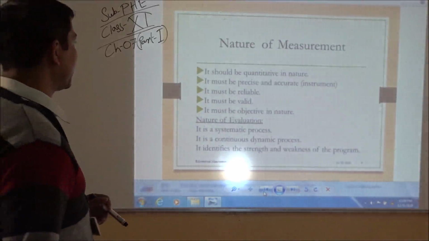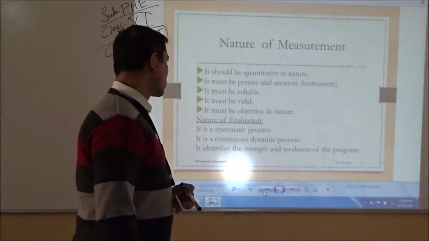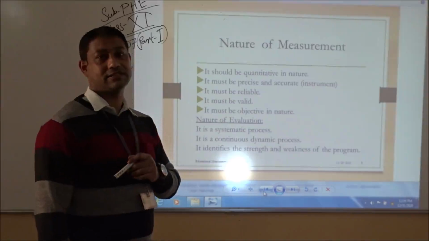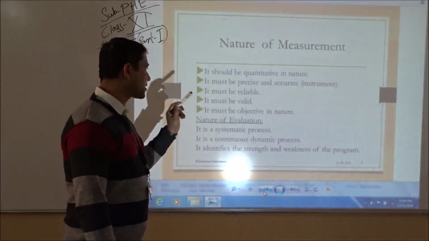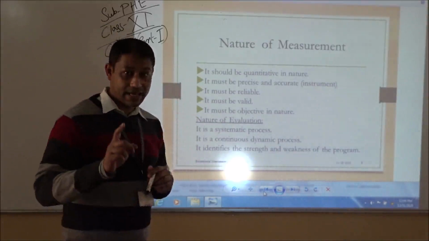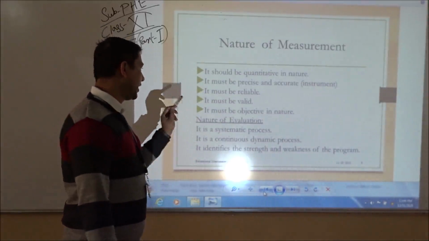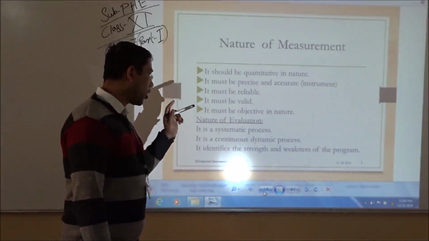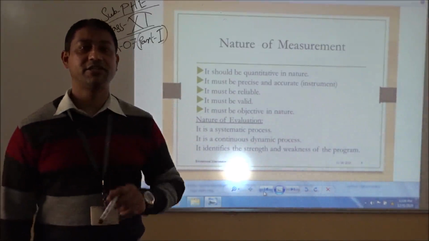Next comes the nature of measurement. So measurement should be quantitative in nature. It must be precise and accurate. It must be reliable. It must be objective in nature.